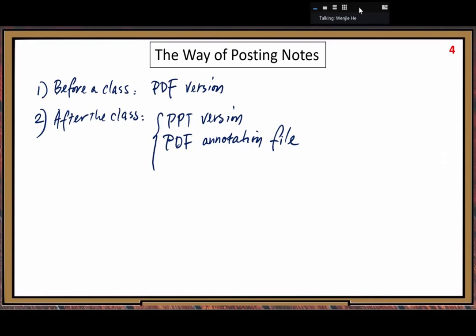Then the video file, I will post in HTML format. In my HTML file, I will put image links, using an image of my PowerPoint slide.